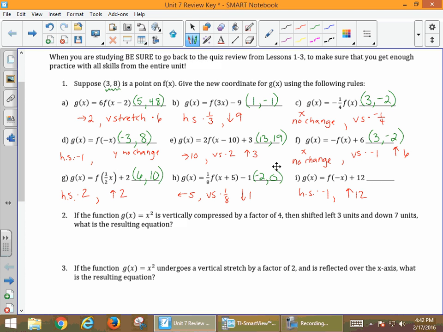And the last one, I, says the horizontal stretch is -1, so 3 times -1 is -3. And the y value of 8, I have to add 12 to it, and 8 plus 12 is 20. And that is how I go about doing problems like question number 1.